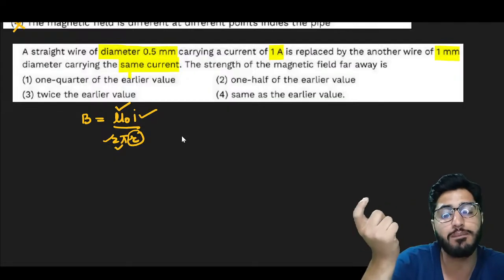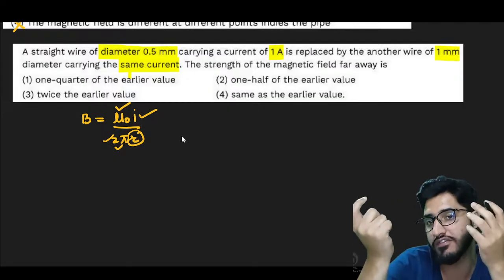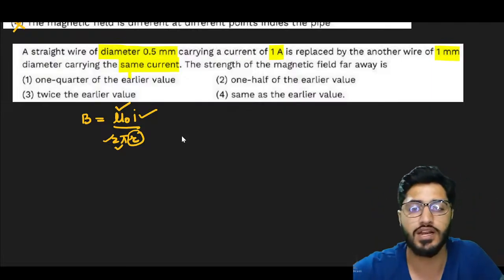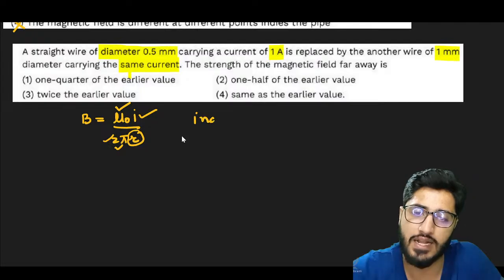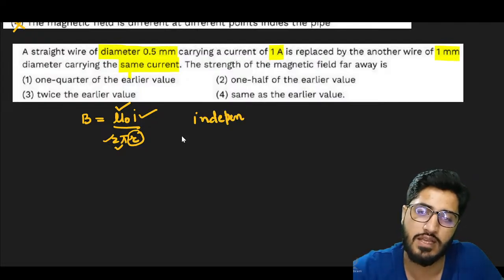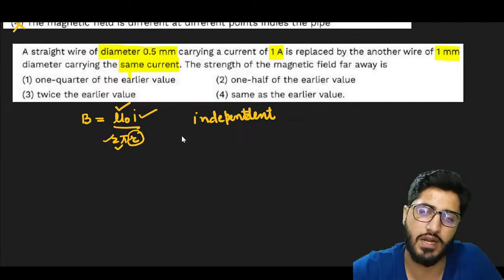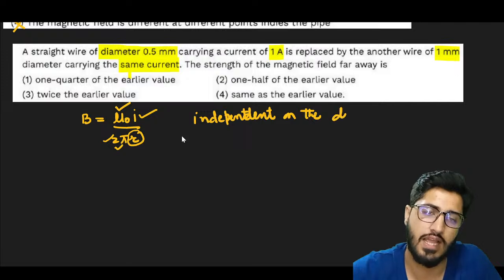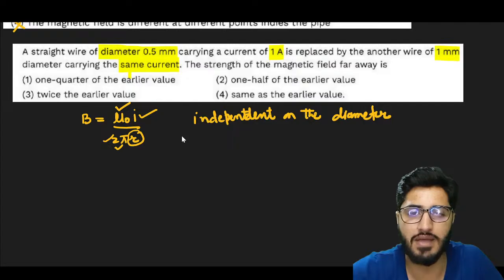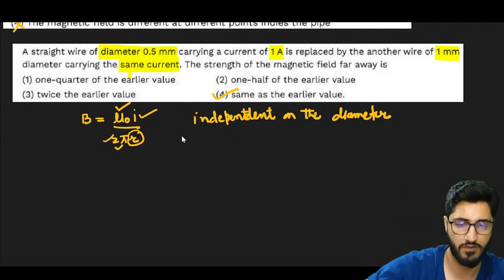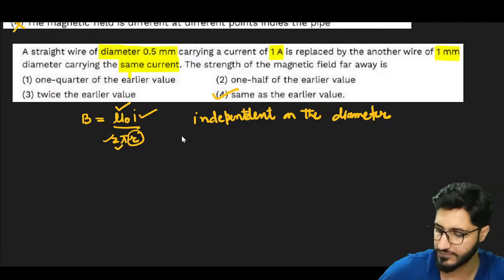We don't have any parameter in our equation that depends on the diameter. So you can write independent of the diameter. Option number 4 is correct.